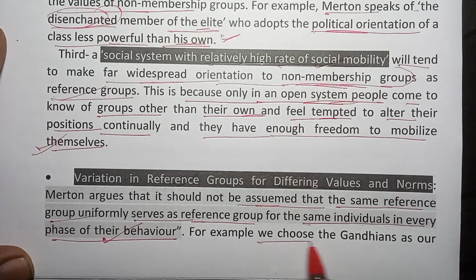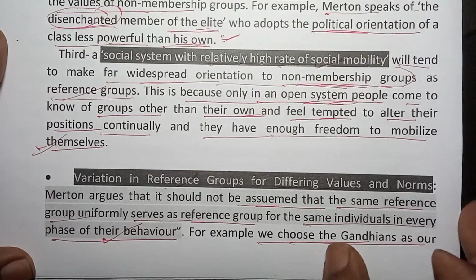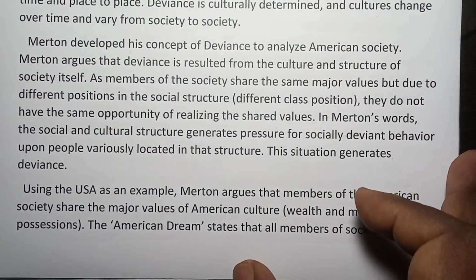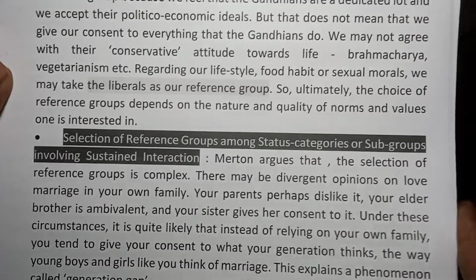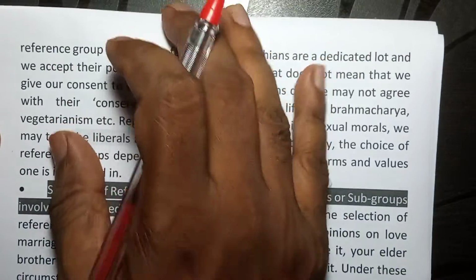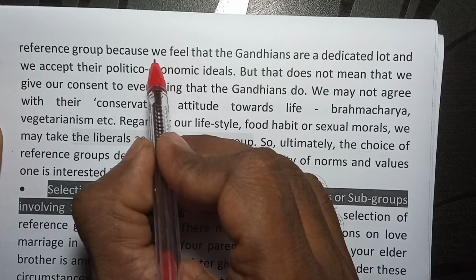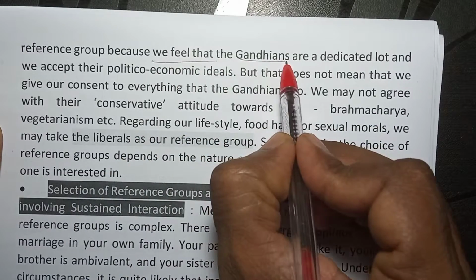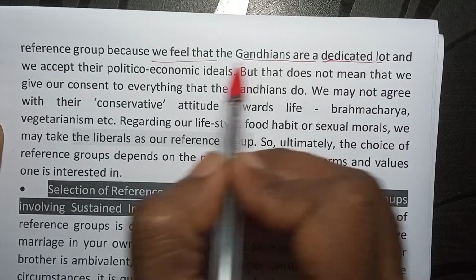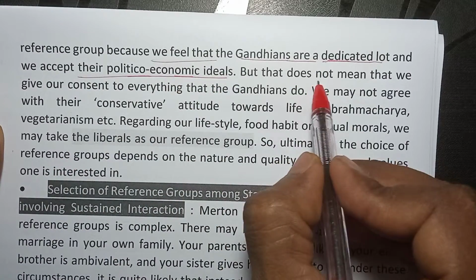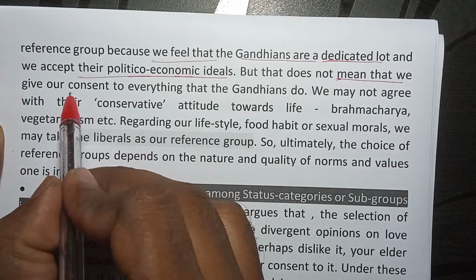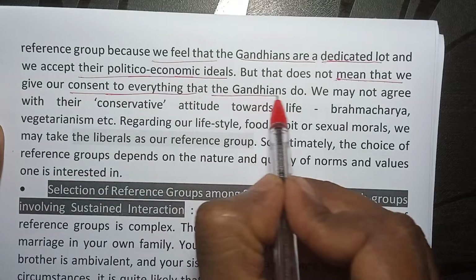For example, we choose the Gandhians as our reference group because we feel that the Gandhians are dedicated to their cause and we accept their political and economic ideals, but that doesn't mean that we give our consent to everything that the Gandhians do.